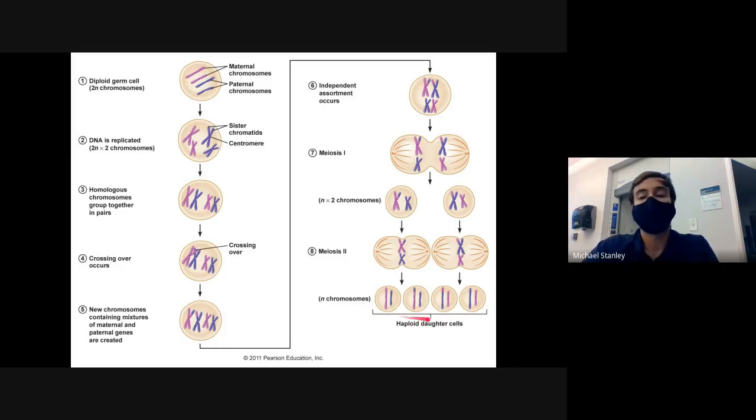In meiosis, not only are our new haploid cells not the same as the original cell, they're not even the same as each other either. They're different due to this little crossing over where we switch up the parts of the DNA. All of the haploid cells are different from each other as well.